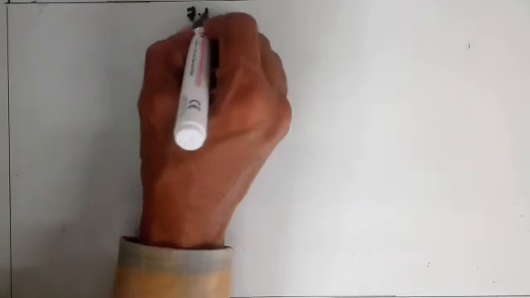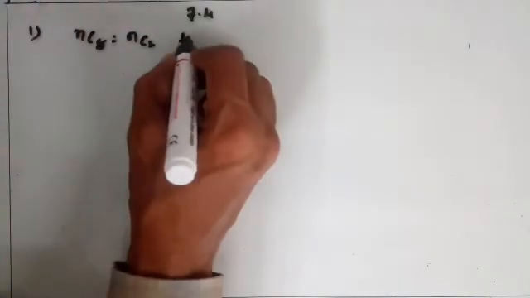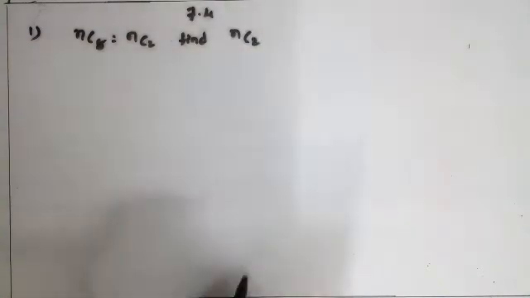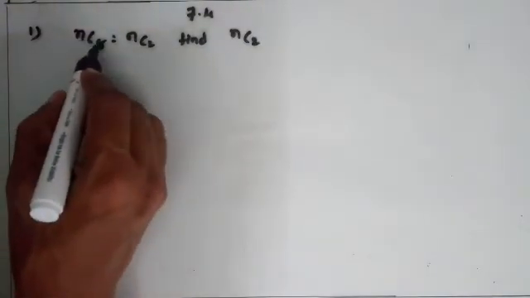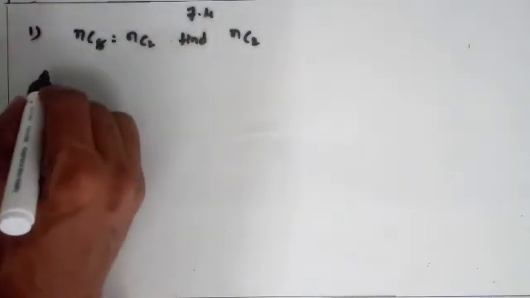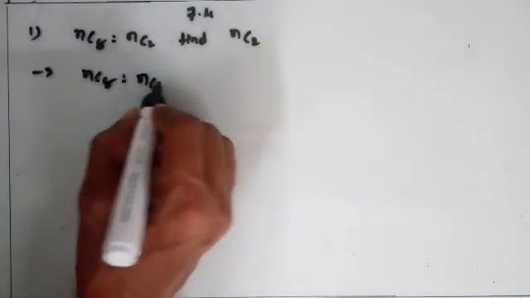Now here we discuss the solutions of the questions of exercise 7.4. Question first: if nC8 is equal to nC2, then find nC2. nC8 is equal to nC2 is given.